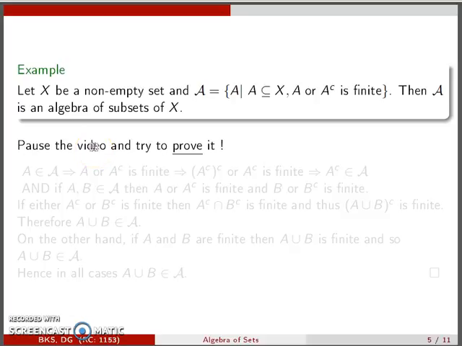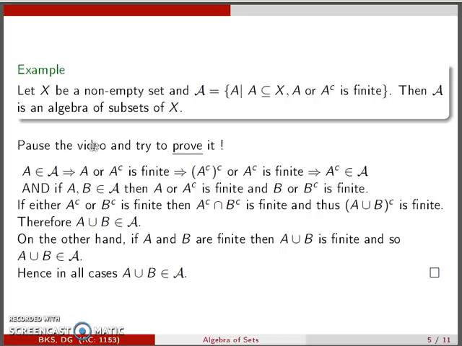Okay, believing that you have tried, let's see. If A is an element, then A or A complement is finite. That means A complement or the complement of A complement is finite, and by definition A complement is in the collection. On the other hand, if A and B are two elements in the collection, then A or A complement and B or B complement are finite.